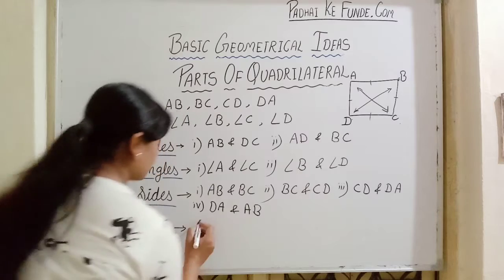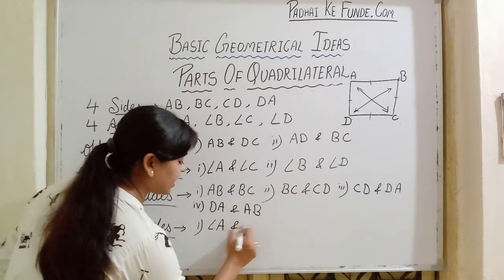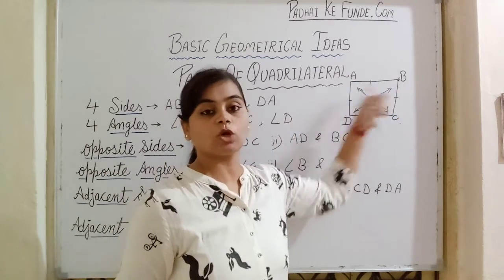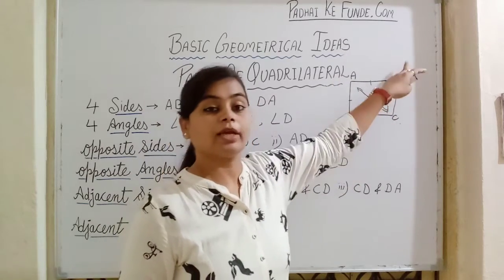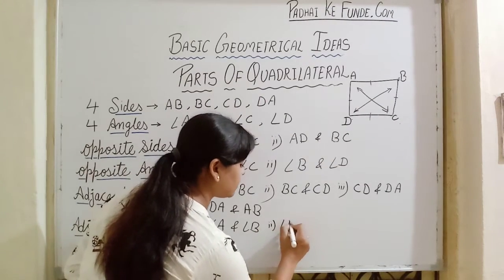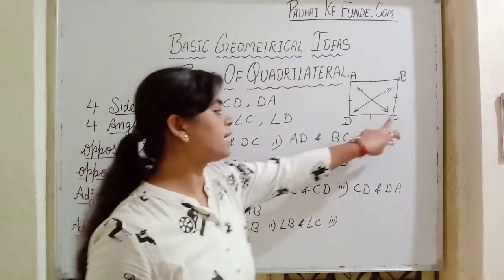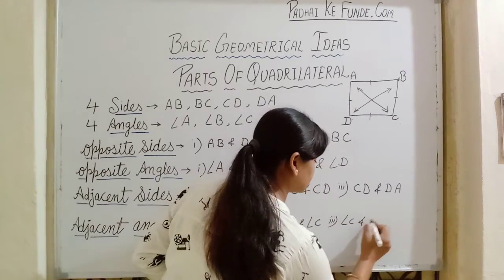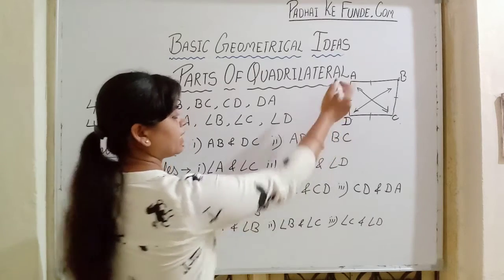As angle A and angle B have this common side AB. Angle B and angle C have common side BC. The second pair is angle B and angle C. The third pair is angle C and angle D. And the fourth pair is angle D and angle A.